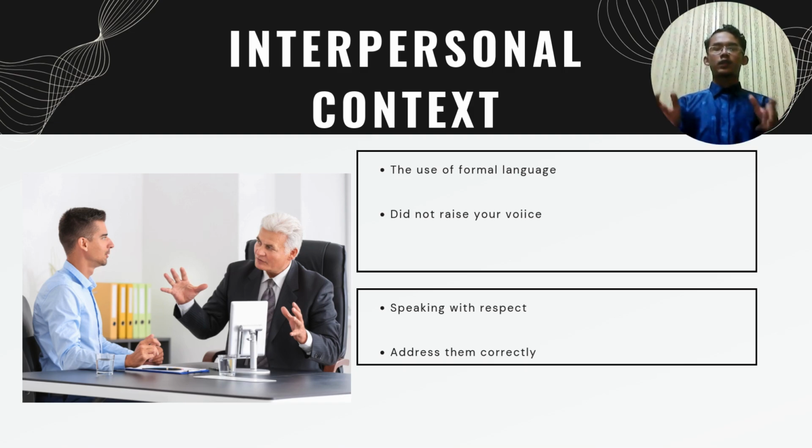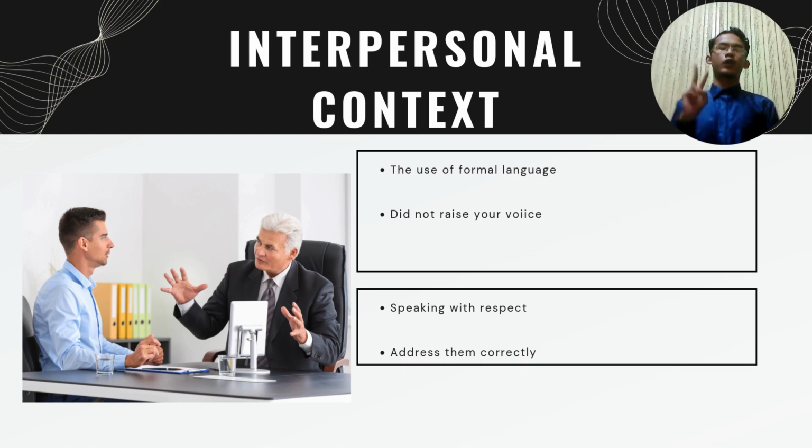The last one is the interpersonal context. Interpersonal context refers to the relationships between the participants or individuals in the communication act. It includes factors like power dynamics, familiarity, and social distance, which have a direct impact on language choice and interpretation.